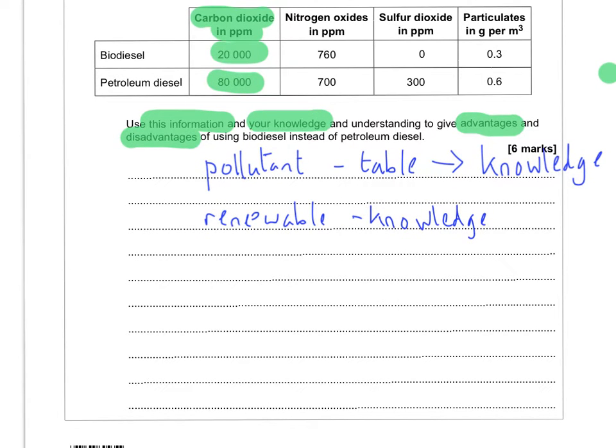I would make sure we included the words advantages and disadvantages. So we might say something like, advantage of biodiesel is less CO2 produced.